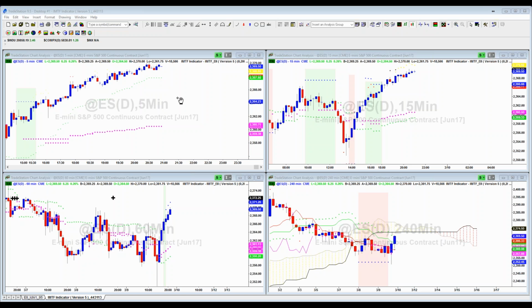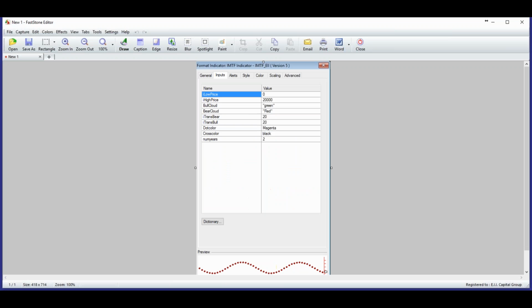If you format the analysis technique and then you do format, there are all these menu options that appear. Here's the menu. If you format the indicator, this is where the menu options appear.